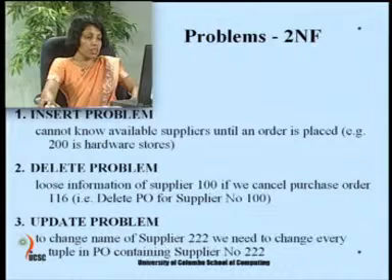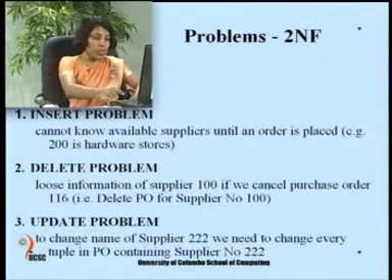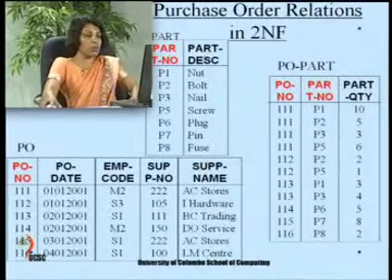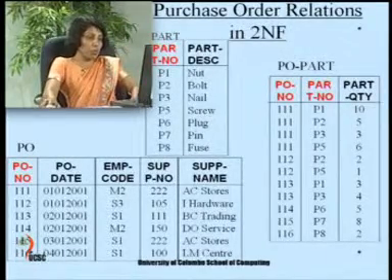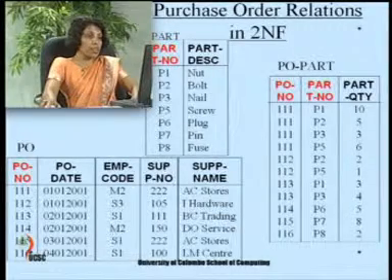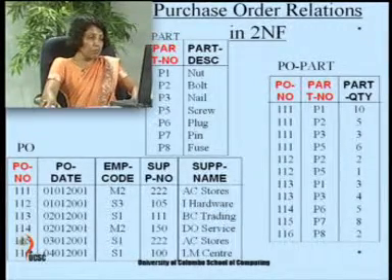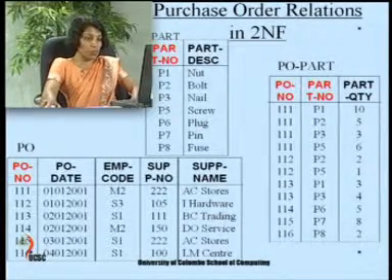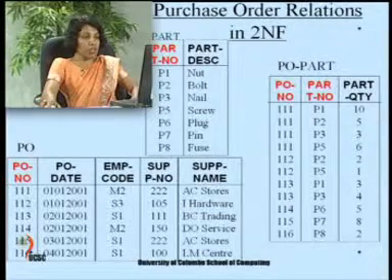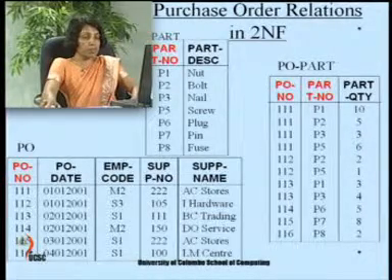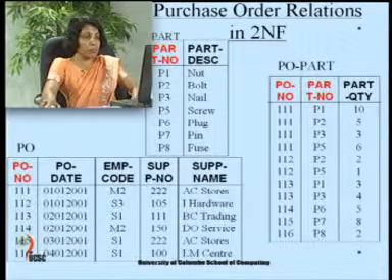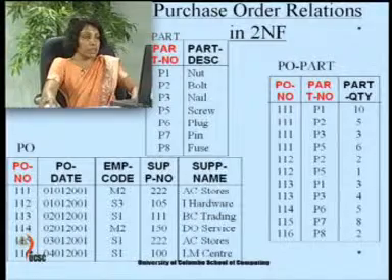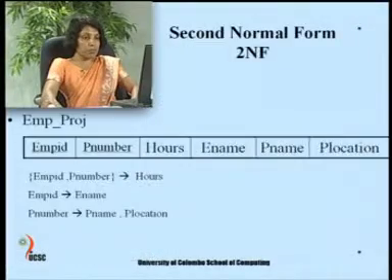Now here I have taken supplier 222, and if we need to change some information relevant to supplier number 222, then you can see that there exist a number of purchase orders relevant to supplier number 222. So if we do a change with respect to that particular supplier number, then we have to do that change with respect to all the other records in the purchase order relation.